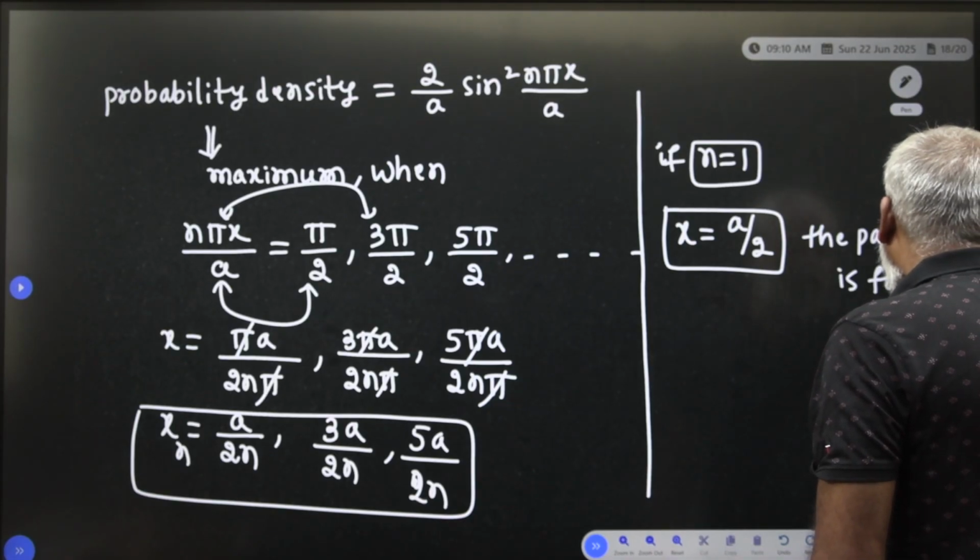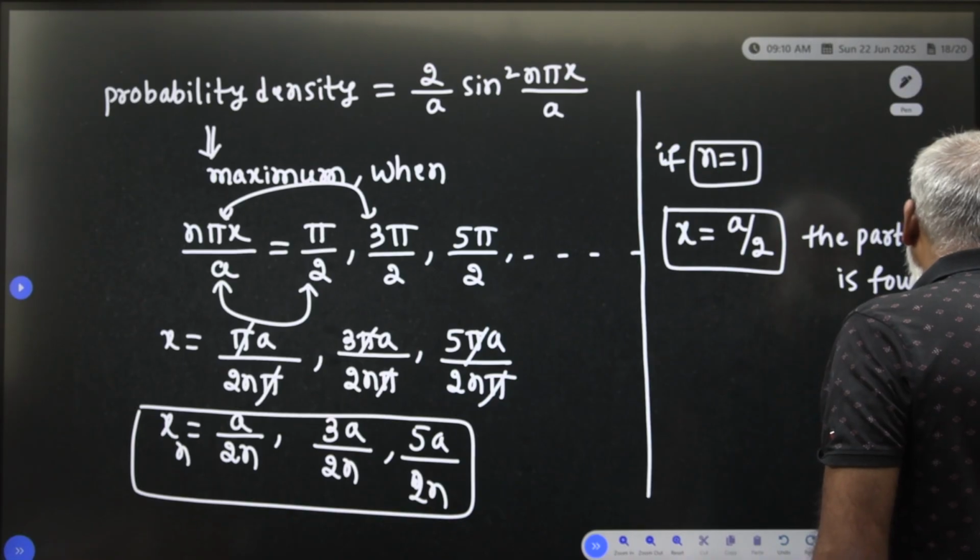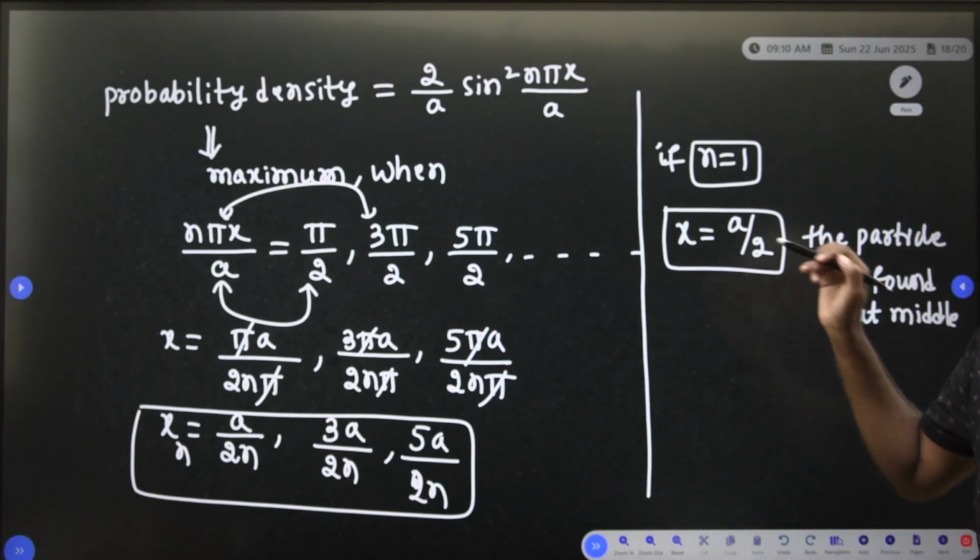The particle is found at the middle. If n is equal to 1, the particle is found at the middle.